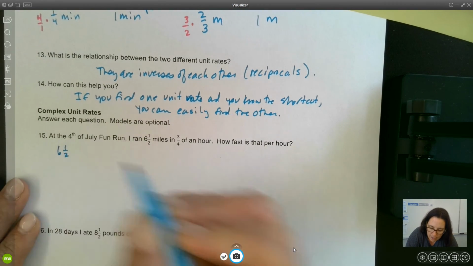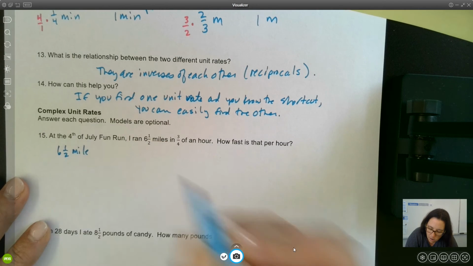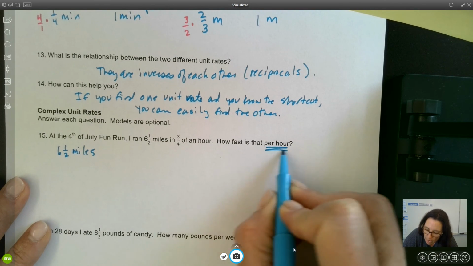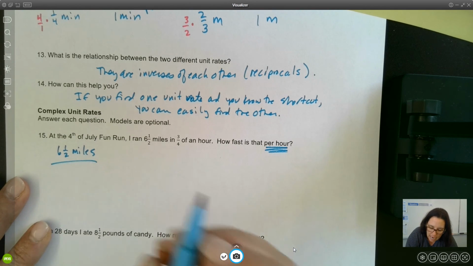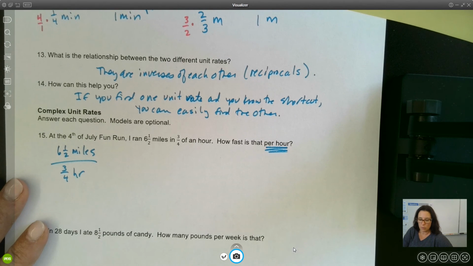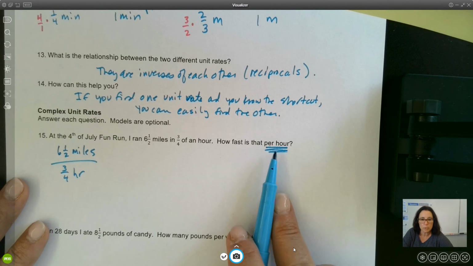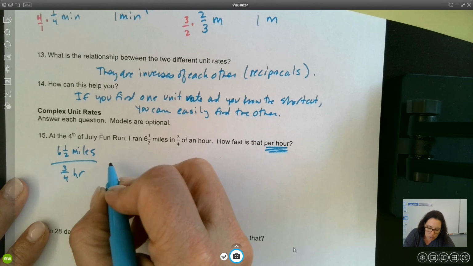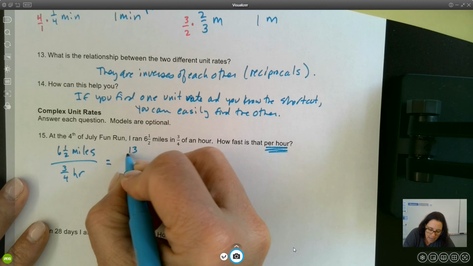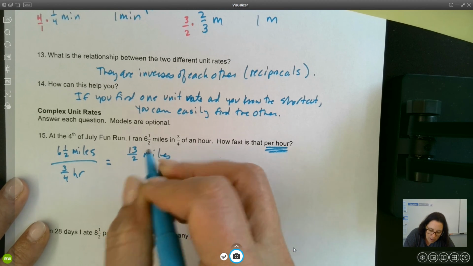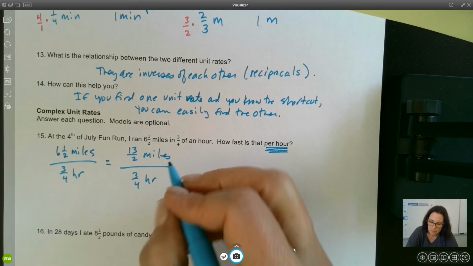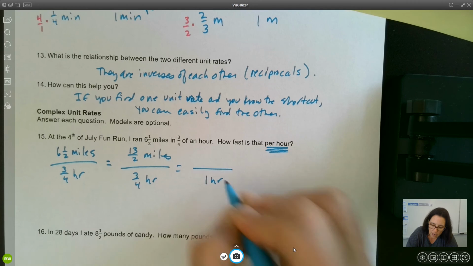We've got 6.5 miles. Okay, and they want it in per hour. They want miles on the top and hours on the bottom. They do not want both. They're telling you the one way they want it, per 1 hour. Okay, so that is 13/2 miles in 3/4 of an hour, and we want this to be 1 hour.